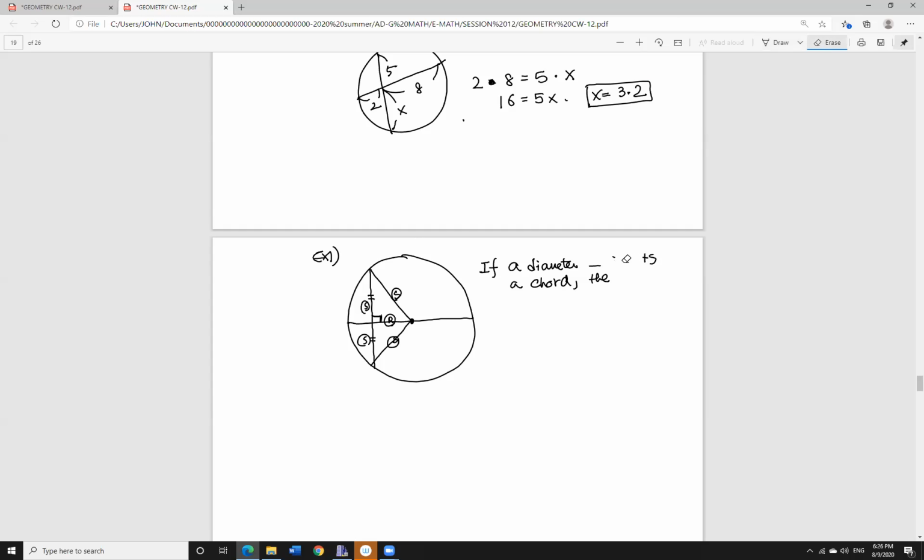A little change, okay. If the diameter is perpendicular to a chord, then the diameter bisects the chord. You know what that means? This is perpendicular, always what? This diameter bisects the chord, half and half.